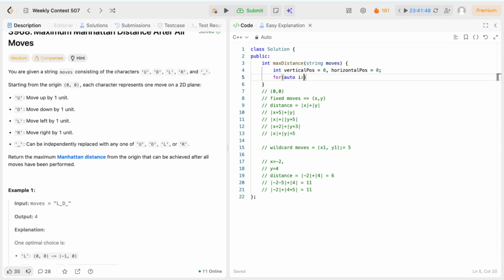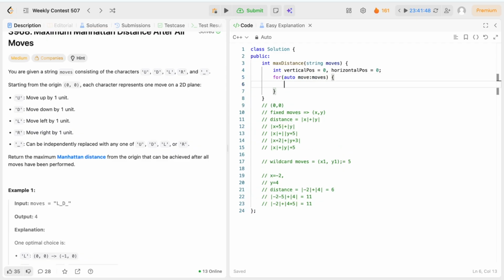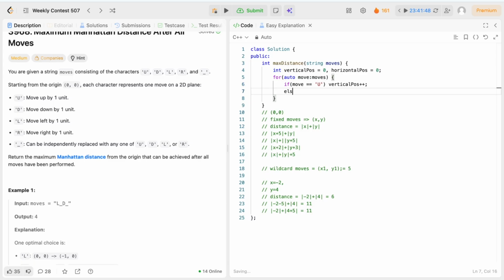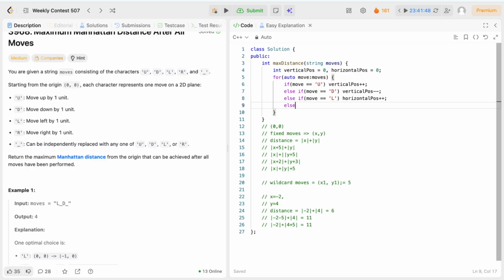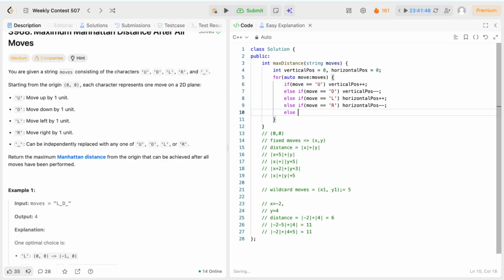For each move in moves: if move equal to U, meaning going upward, we will increase the vertical position; if move is D, we go downward, we will decrease the vertical position; if move is L, we decrease the horizontal position; if move is R, we increase the horizontal position. Otherwise we have underscore, so there will be a count for wildcard.